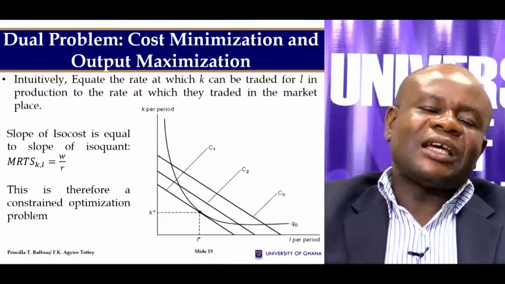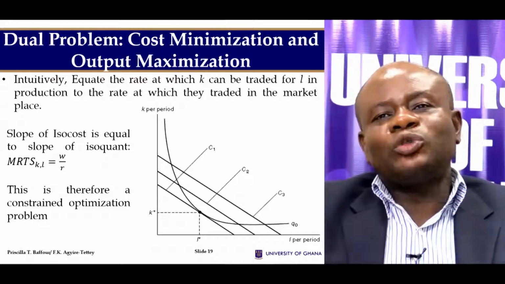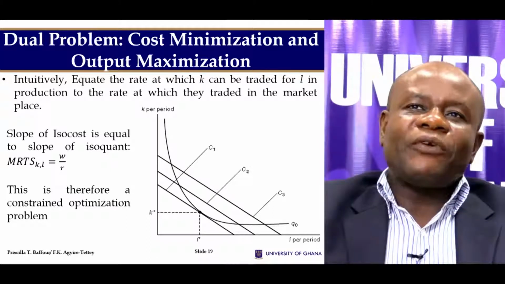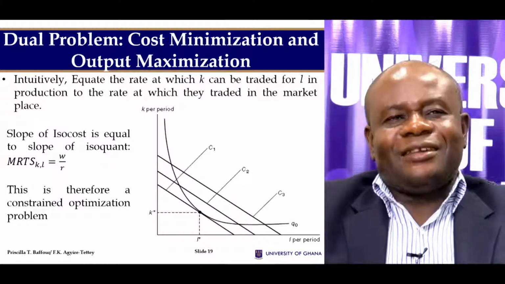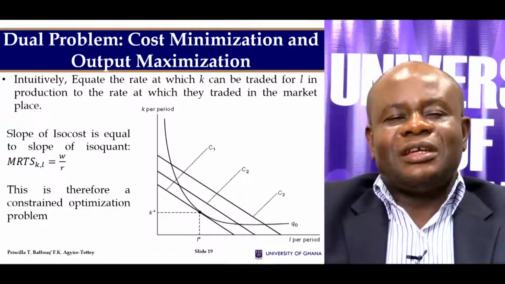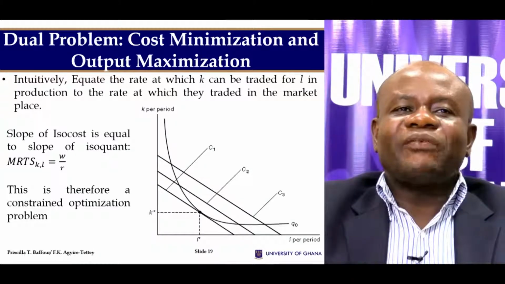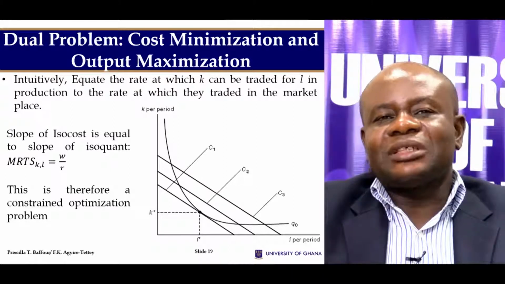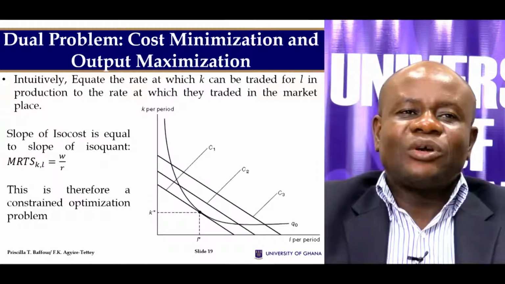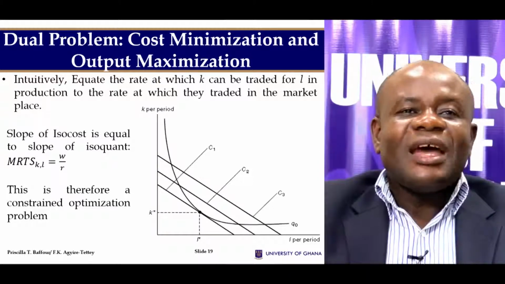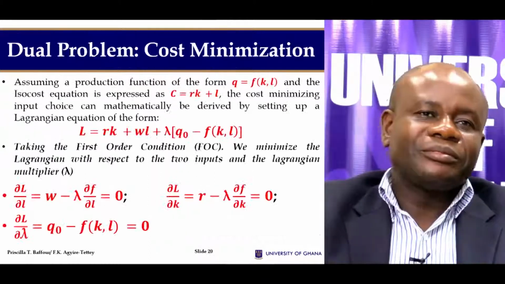So in other words, at that point, the rate at which the firm wants to trade capital for labor is the same as the rate at which the firm can do that trade in the market. That is where the firm maximizes its output and minimizes its cost. And this is what we call the constrained optimization problem.